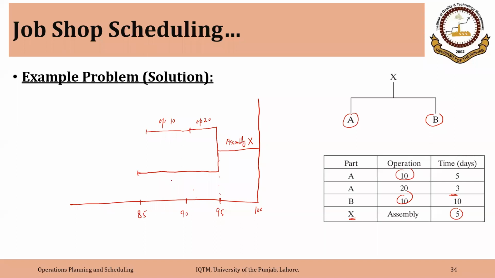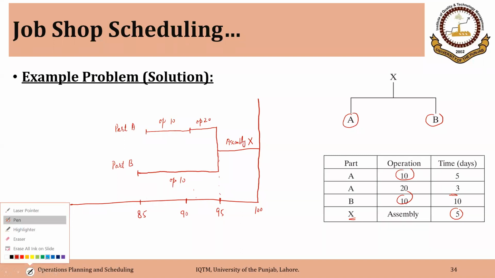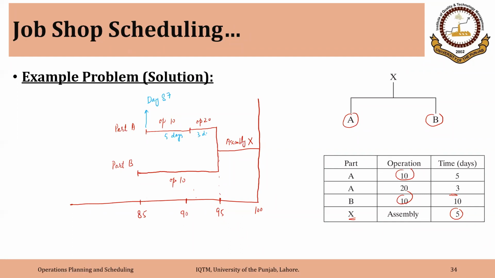That will be operation 10 for part B, and this was for part A. Just for clarity, this should be day 87. This required 5 days, and this was 3 days, and this is 10 days. This is 5, so that you are not confused about my rough timeline.